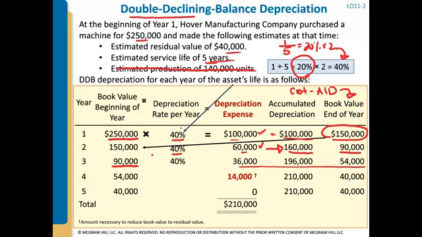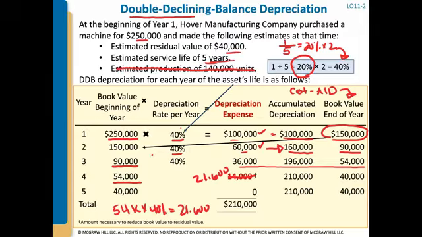Okay, let's look at year four. Now we're at year four. This is a 5-year asset. Our beginning of the year book value is $54,000. If you take $54,000 and multiply by the 40%, it equals 21.6. Well, what happens if I were to put 21.6 here? Let's just see.